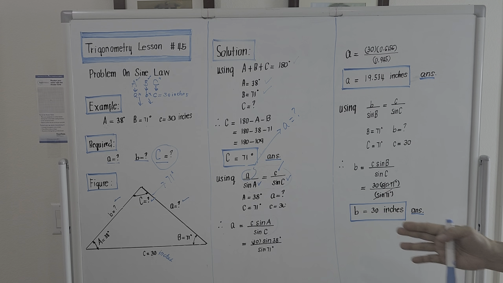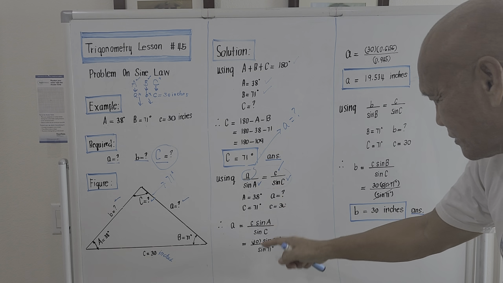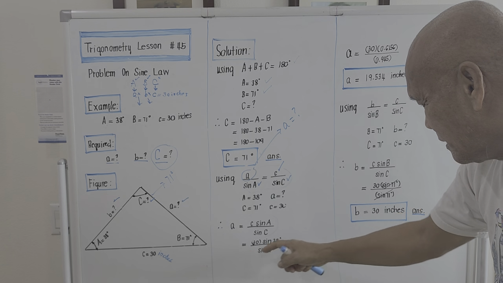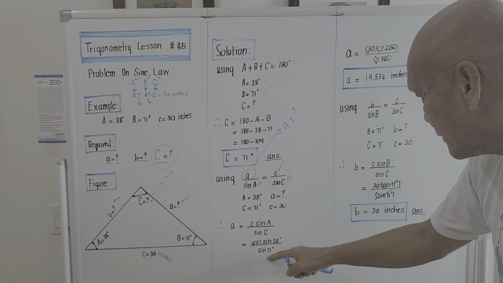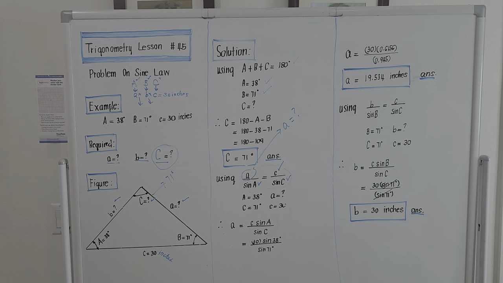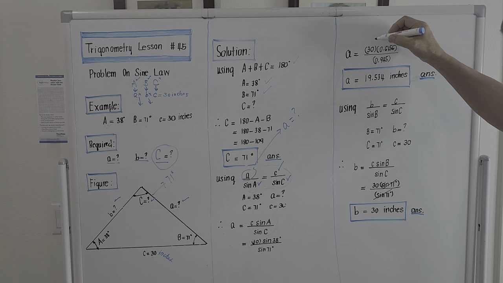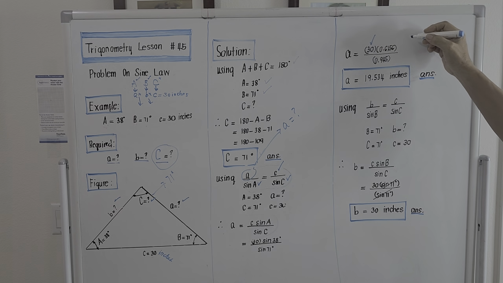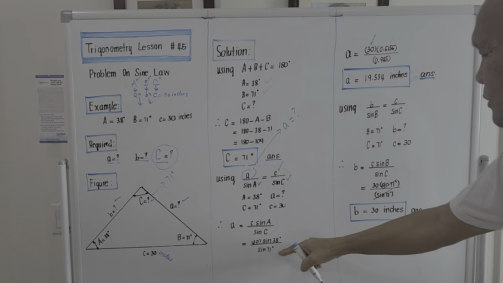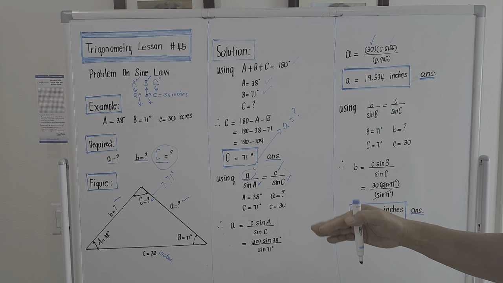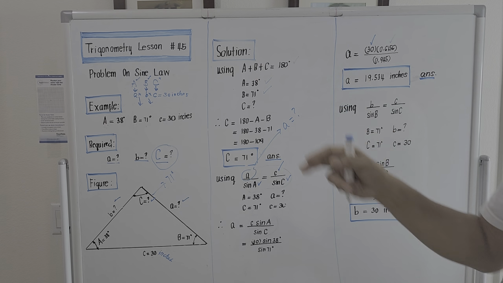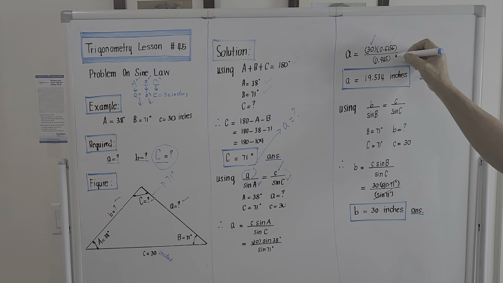Since all the values are given now, side C is 30 inches. Sine of angle A should be sine of 38 degrees over sine of 71 degrees. By using our calculator, this will be 30 times sine of 38 degrees, which is 0.6156, over sine of 71 degrees, which is almost 1 because 71 is very near 90 degrees, so this should be 0.945.